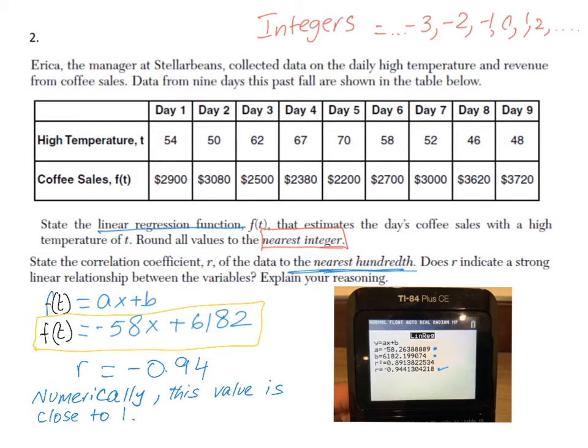Therefore, the relationship is strong, but it's negative. So, strong, negative correlation. So that's what we get.